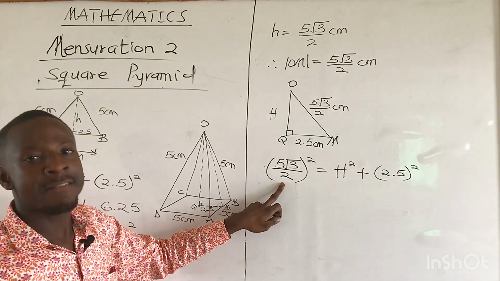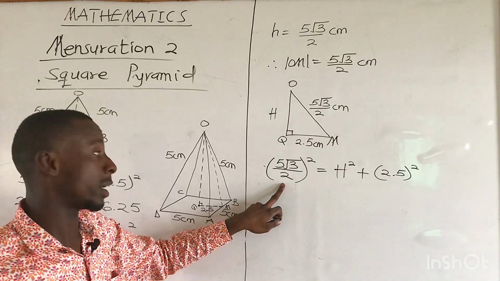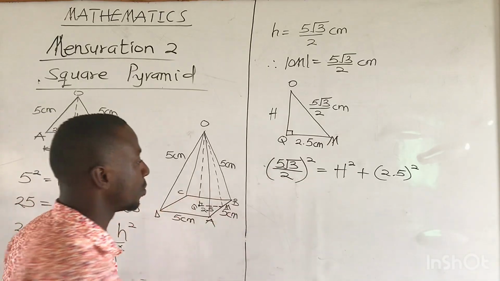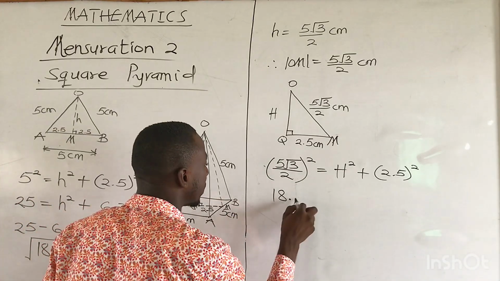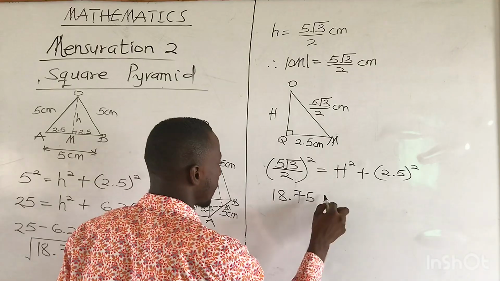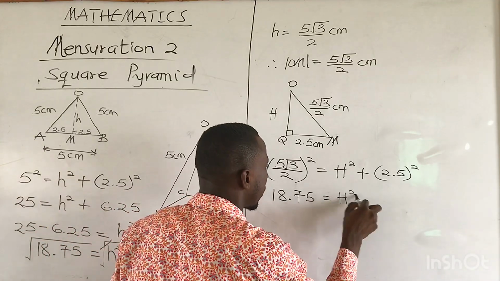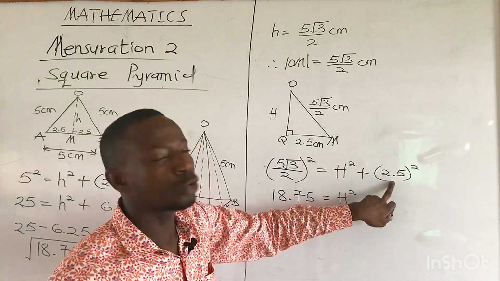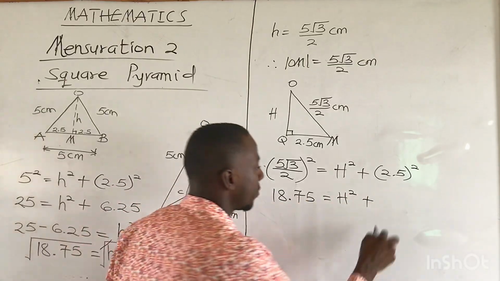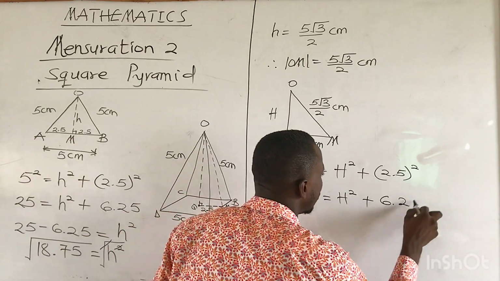Now 5 root 3 over 2 squared gives 18.75, which is equal to h squared plus 2.5 squared, which is 6.25.